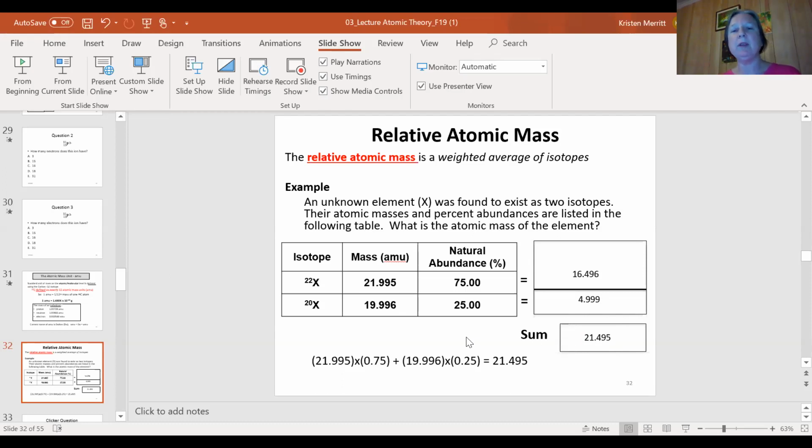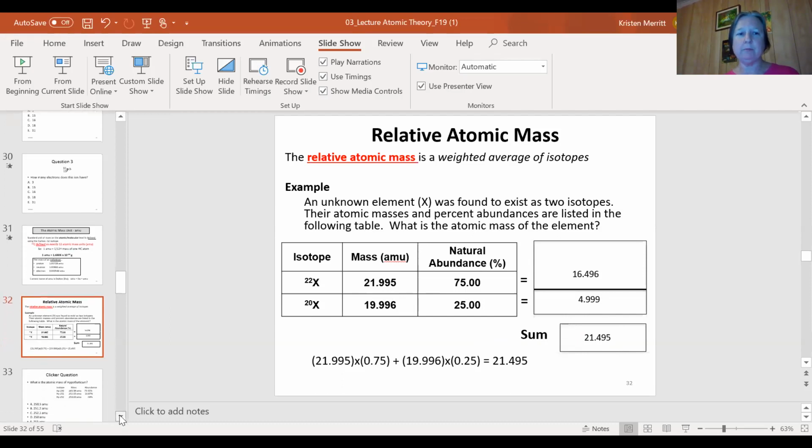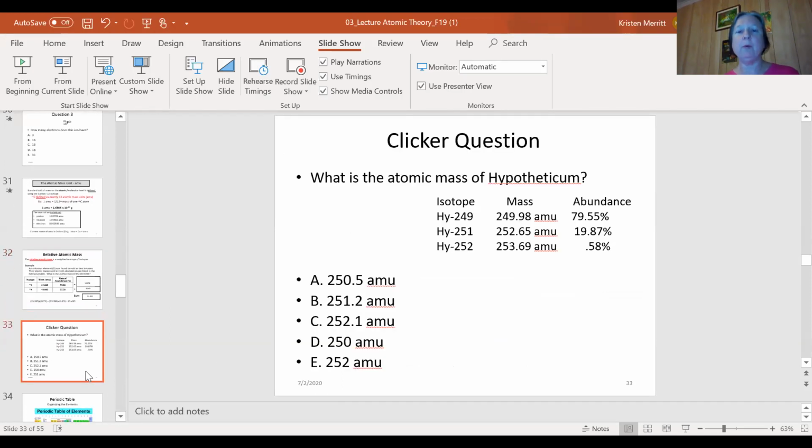So most of the isotopes are insignificant percentages, so we don't do this, but when it exists in a significant enough percentage to make a difference, we do a weighted average. So make sure you understand how to do a weighted average.